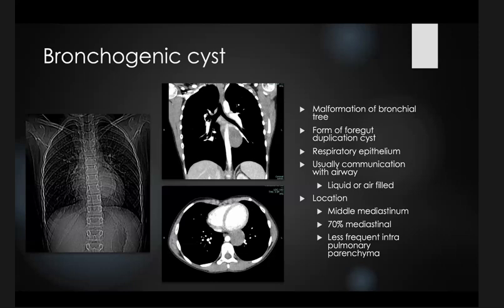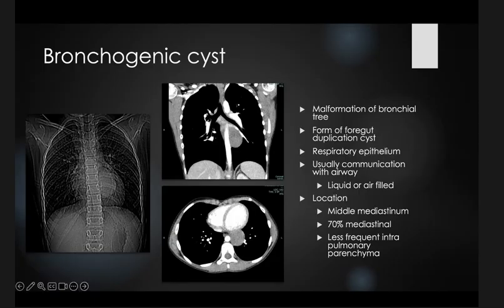We have here a bronchogenic cyst. It's a malformation of the bronchial tree. It's a form of foregut duplication cyst, which is lined by a respiratory epithelium, and there is usually a communication with the airway. So the cyst can be air-filled or liquid-filled. It's usually, in 70%, in the middle mediastinum, and less frequently can be in the pulmonary parenchyma.